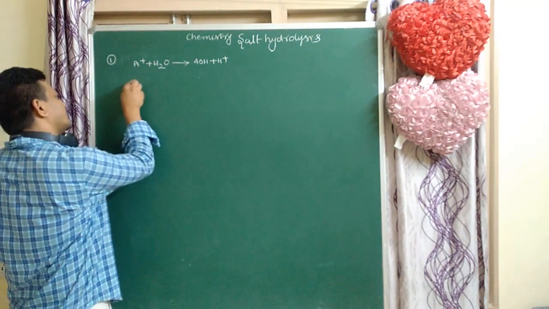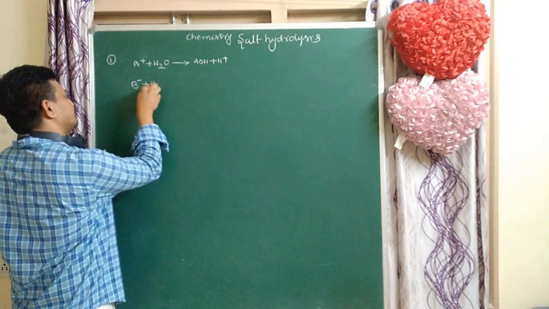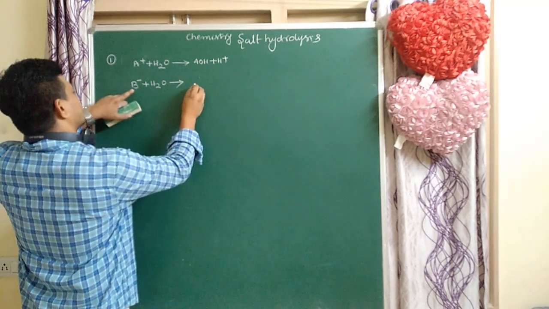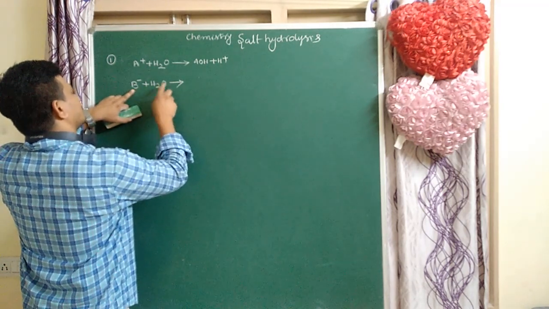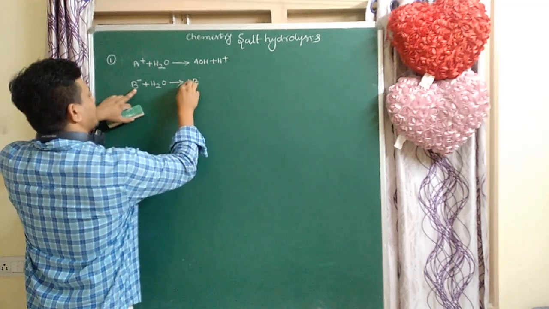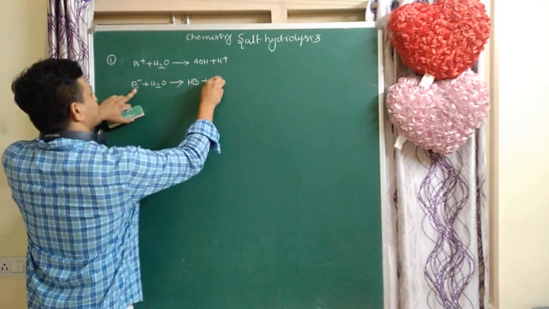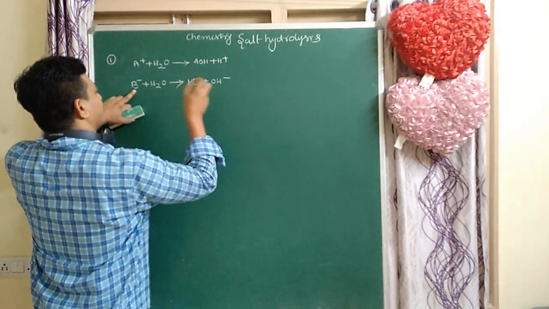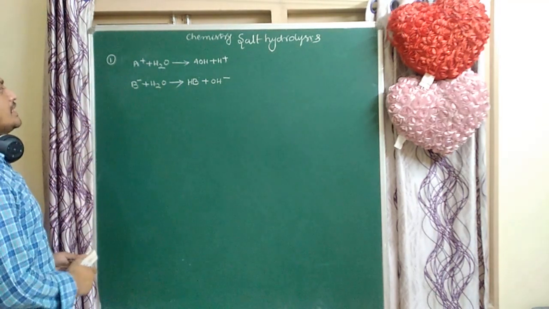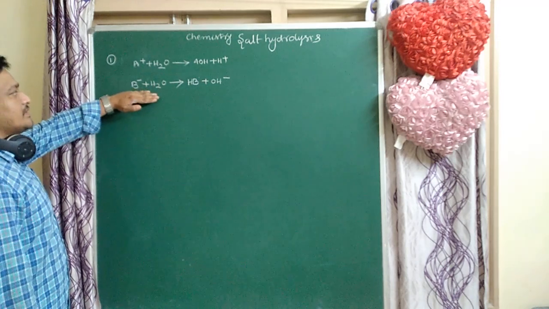Next, the anion reacts with water. B minus reacts with water to form HB plus OH minus. Here OH minus is produced. This type is called anionic hydrolysis.